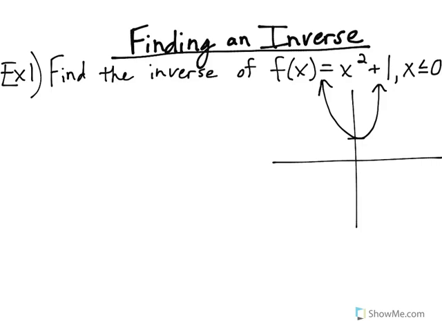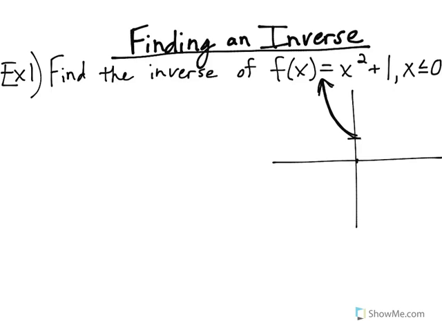But if we take only the part where x is less than or equal to 0, the graph goes in this direction, so we can get rid of the rest. Now this part of the graph does have an inverse because it passes both the vertical and horizontal line tests.